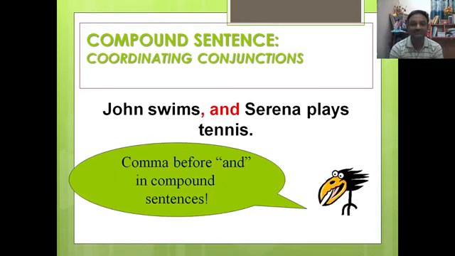So in this slide you can understand it more comfortably. John swims, comma, and Serena plays tennis. So the comma before and is very important in a compound sentence. You have to look at this pattern, that a comma before and in a compound sentence is very important.